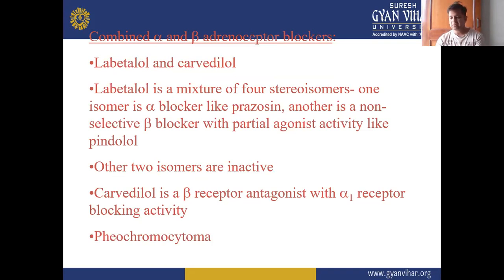Another is a non-selective beta blocker with partial agonist activity like pindolol. The other two isomers are inactive. Carvedilol is a beta receptor antagonist with alpha 1 receptor blocking activity, used in pheochromocytoma.